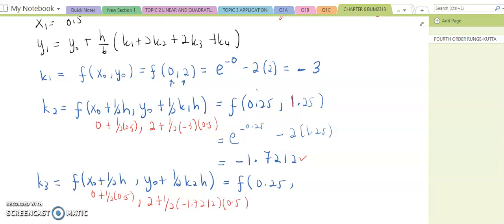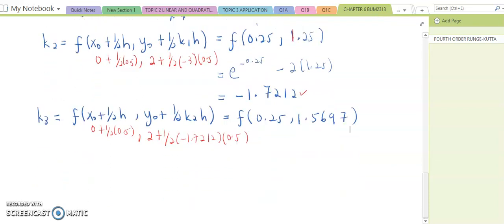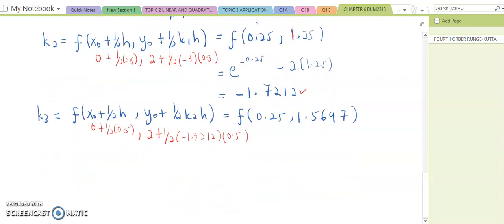After you calculate the value, the answer is 1.5697. So to find the k3 value, you just find f of 0.25, 1.5697. So it is exponent of negative 0.25 minus 2 times 1.5697, and the answer for k3 is negative 2.3606.